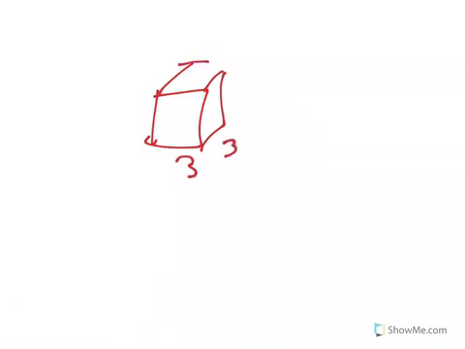Well, I want to show you one more thing real quick. Let's say we have a prism whose sides are all 3: 3 length, 3 width, 3 height. 3 times 3 times 3 would give us 27 feet cubed.